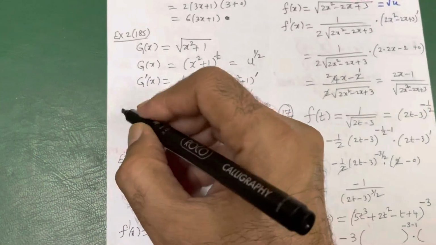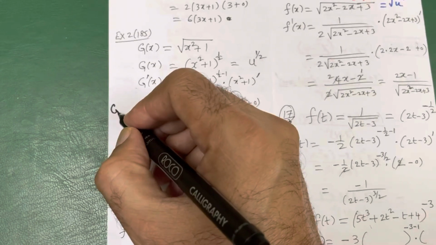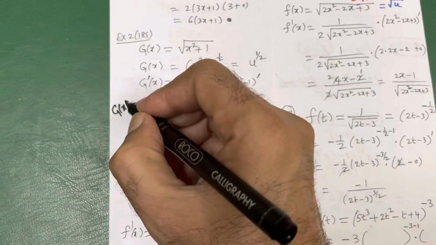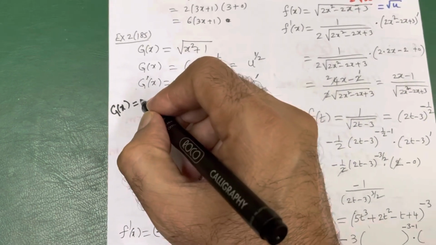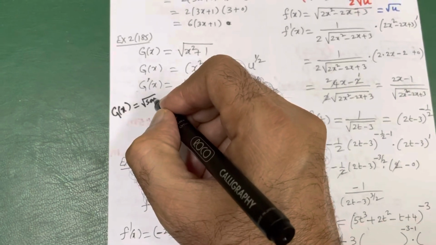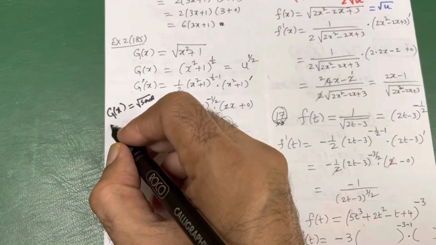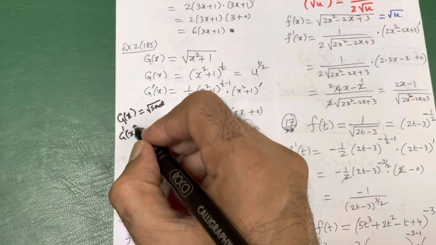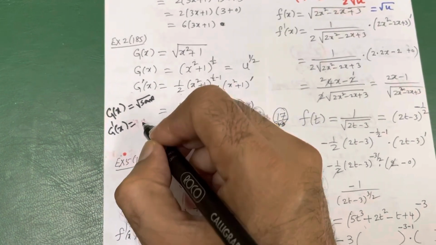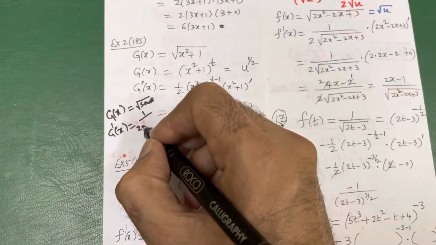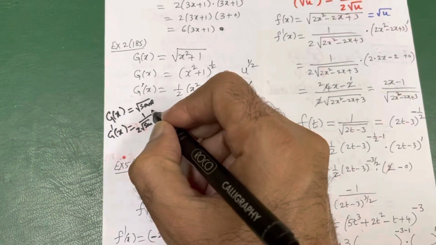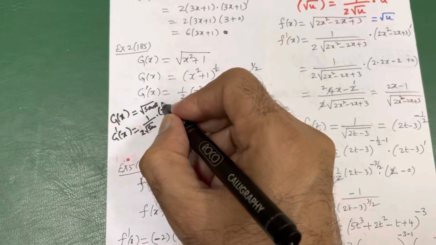In the same way, let us see this. The derivative of g of x is this; you read it as the derivative of root of something. Root of x square plus 1 is root of something. So g dash x, the derivative, will be: the derivative of root of something is 1 over 2 root something, into the derivative of something, that is the derivative of x square plus 1.